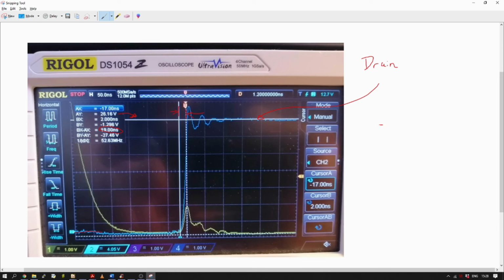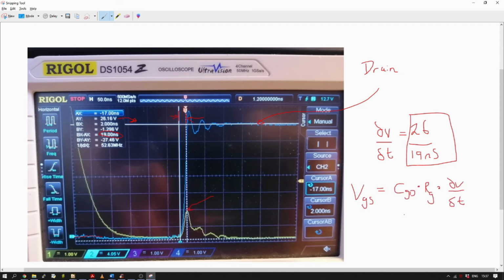So we know right off the bat that the change in voltage is, of course, 26 minus 0, so we've got 26 volts as our dV. dt, the change in time, is 19 nanoseconds, and that is our dV/dt.